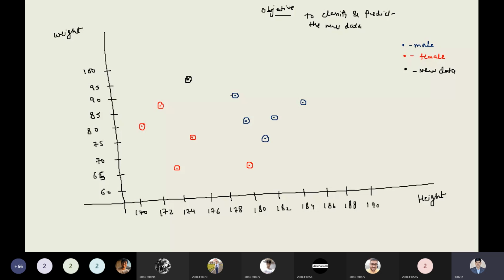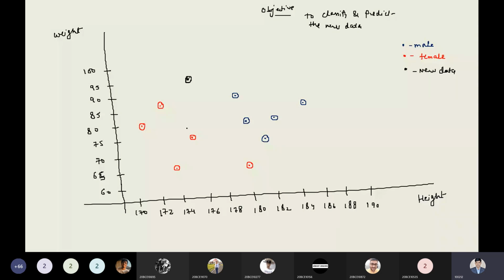Tell me. Can you see this graph and tell me how we can identify and try to classify the data? Would this be male or female? From this parameter, can you justify this? Just tell me.